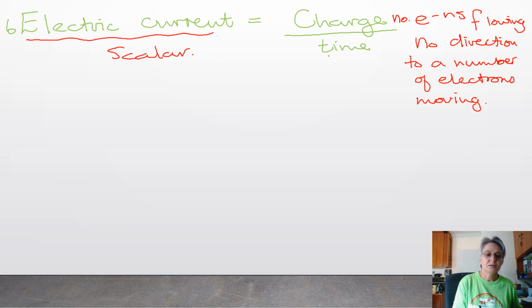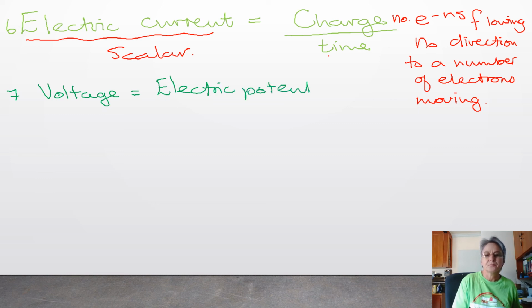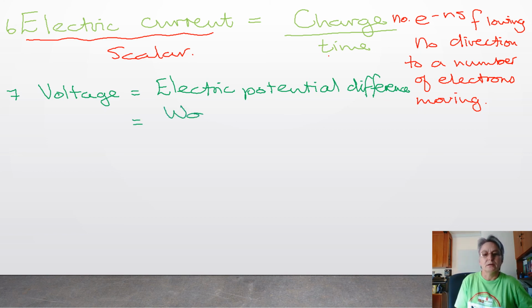Next is electric potential difference, or voltage. So electric potential difference is the work done per unit charge.